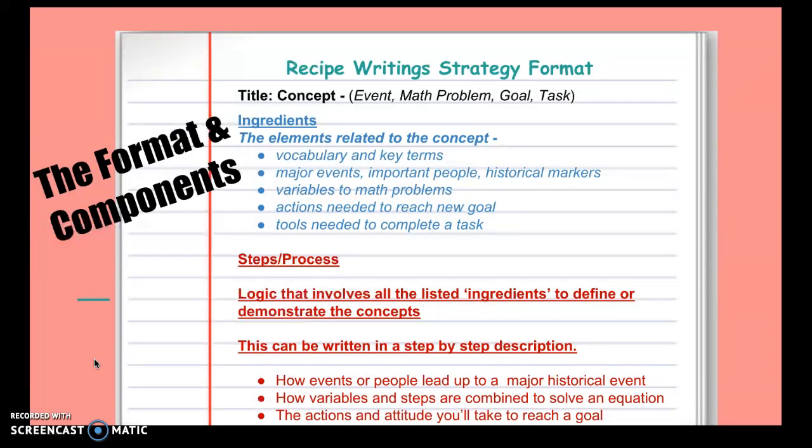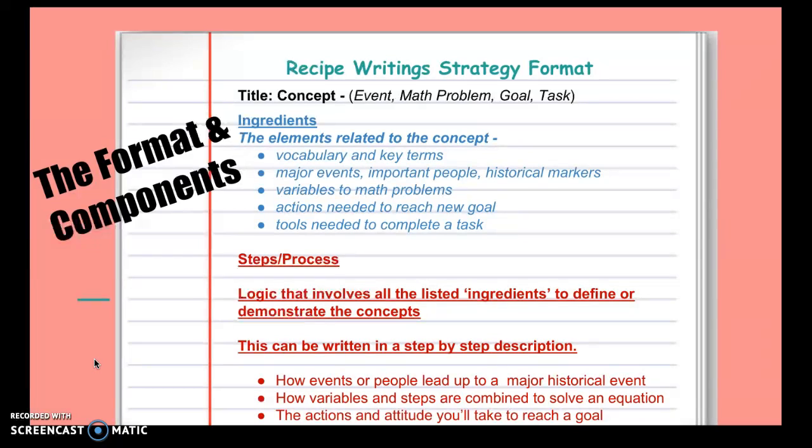So for a math problem, we talked about how we could have variables, or maybe for science, if our concept was the scientific method, we would probably list out the 5 parts of the scientific method in our ingredients list, like the hypothesis and the research and the methods and the results.